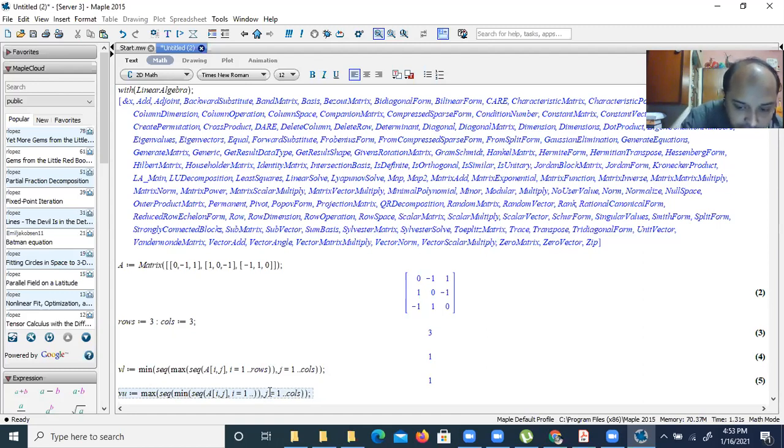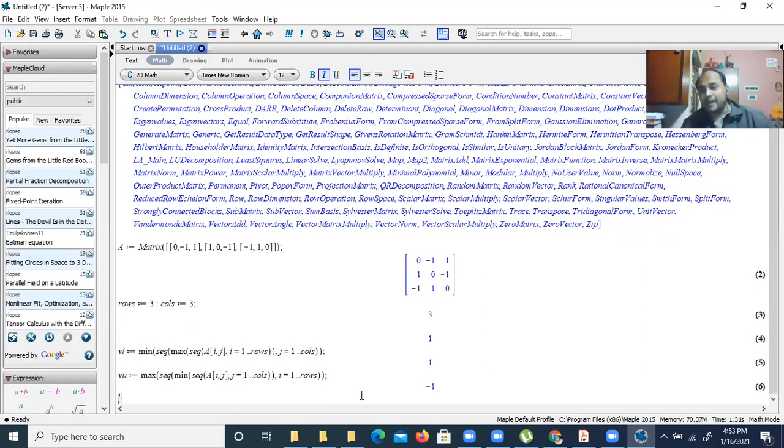So COLS columns, and this becomes J and this becomes I, and this becomes rows. And what is the value? Maximin, -1 coming. Yes, sir.